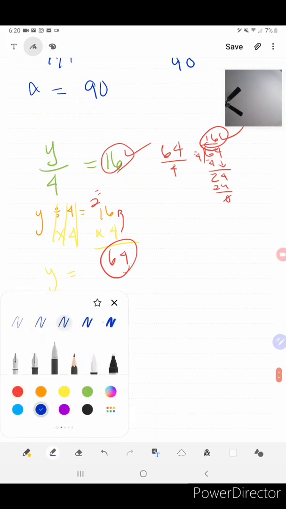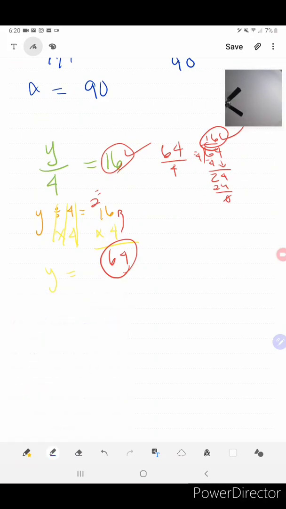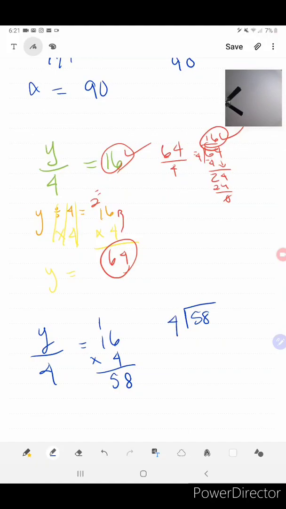Again, if you guys were to do the work wrong, it's going to show you when you check it. So let's say I would have gotten, instead of 16, let's say if I would have done 6 times 4 is 18, carry the 1, 4 times 1 is 4, plus 1 is 5. 58 was my answer, divided by 4. 4 goes into 5 once. 4 goes into 18 4 times, which is 16.